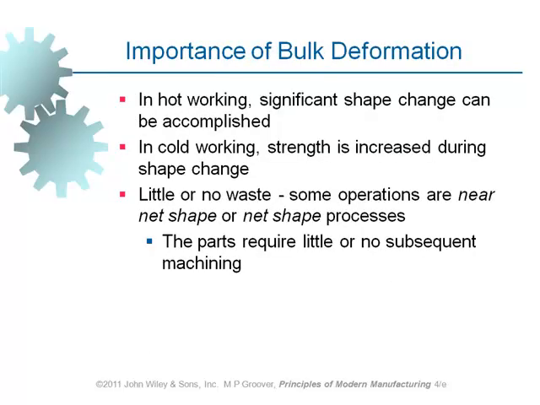And the importance, as I said, of these methods is that we can reshape the material without removal of any material from what is given to us. And because we are changing the shape of the material without removal of the material, what happens is that we can alter the properties of the material at the same time.